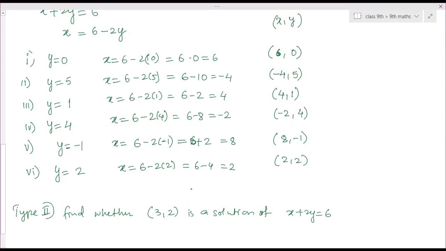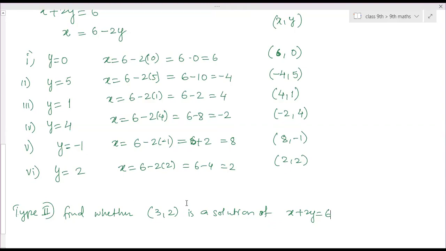That means if a point is a solution, a single straight line can pass through all these points. These points are present on the line and satisfy the given equation. That means after substituting the values of x and y, the RHS and LHS become equal.